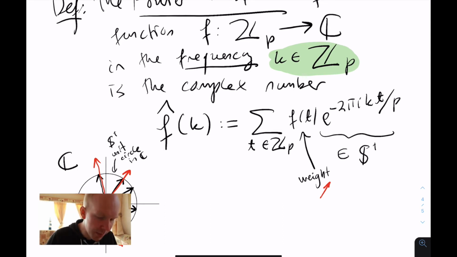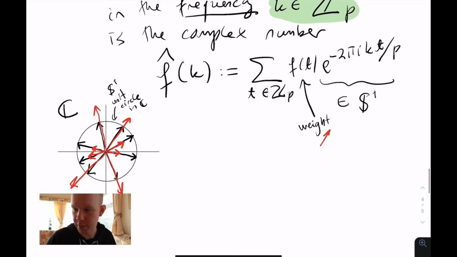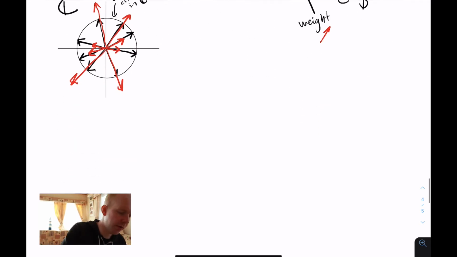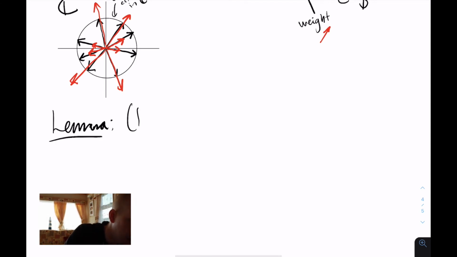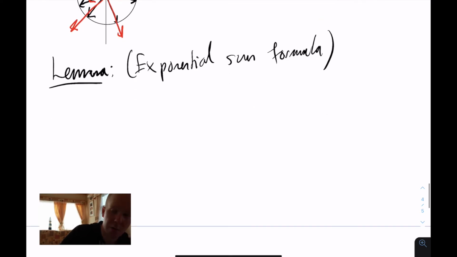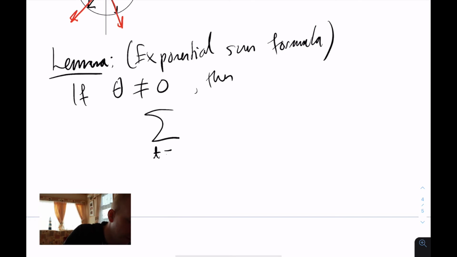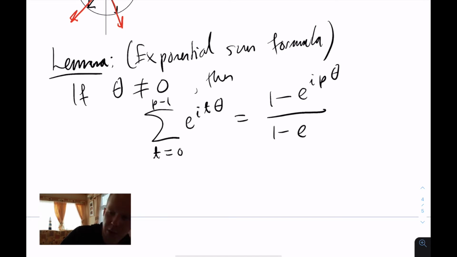So let me do two examples which are quite important. First of all, we have this lemma that allows you to do a lot of computations here, which is something called the exponential sum formula, which is the following: if theta is not 0, then the sum over t from 0 to p minus 1 of e to the i t theta is equal to 1 minus e to the power i p theta over 1 minus e to the power i theta.